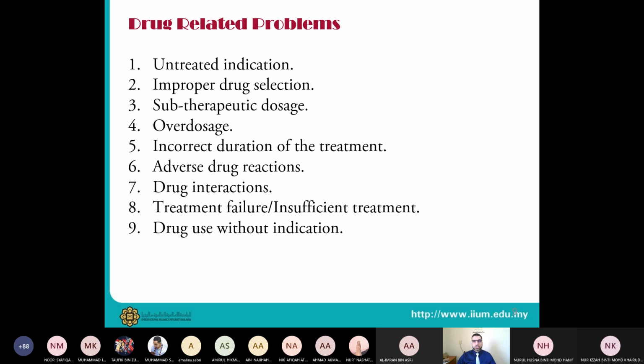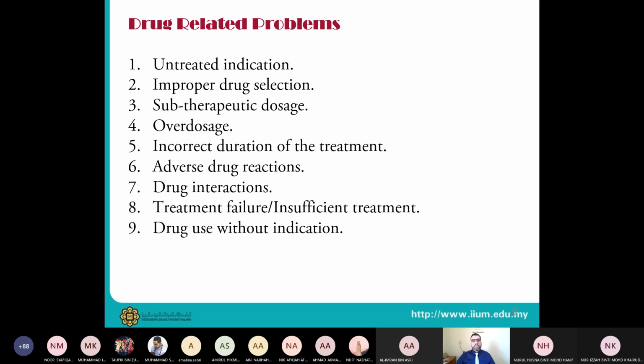For example, you may need to reduce the dose of one of the medications, or avoid concomitant use, meaning you have to stop one and continue only with the other one, and change to an alternative for the second medication. So drug-drug interactions are important, but not all the time clinically significant.